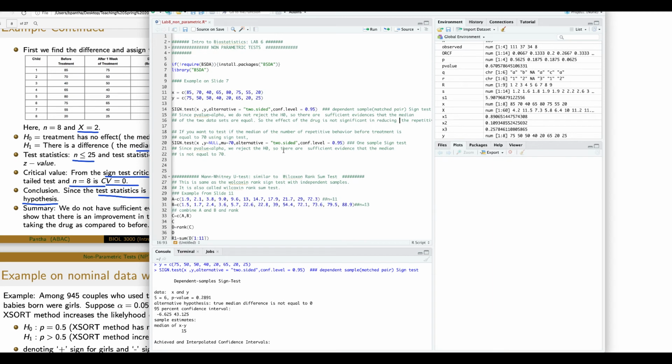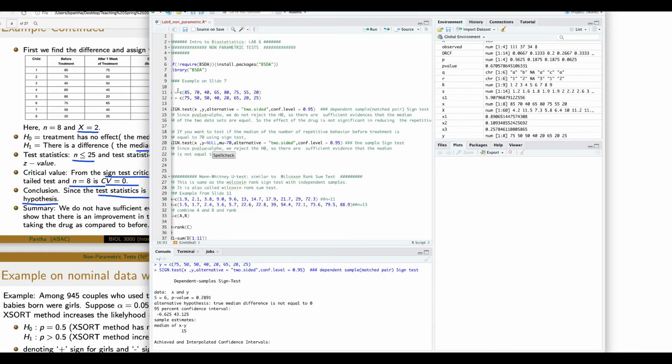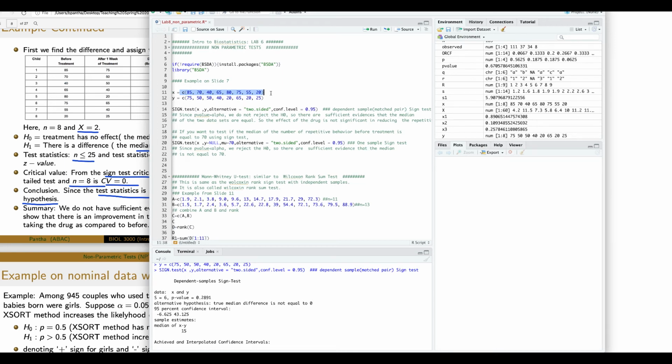Now, if it is a one sample test, if you want to test whether the median number of repetitive behaviors before treatment is equal to 70 versus not equal to 70, here is what you do.